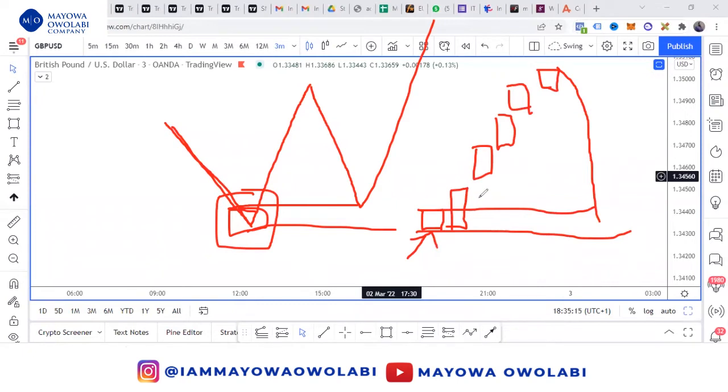Now, does that mean that we can't get an order block in between? No, we can also get order blocks in between the bullish move. However, I recommend an order block that has a break of structure. So let's say, for example, there is a move that has happened before, like this, before it dropped, and the market came and broke this.